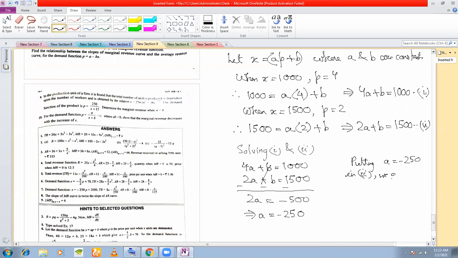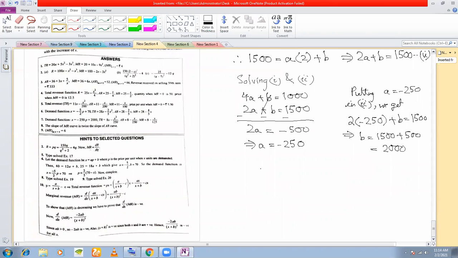We get 2 into minus 250 plus B is equal to 1500. That means B is equal to 1500 plus 500, which is equal to 2000. Okay. So therefore, what is the demand function?